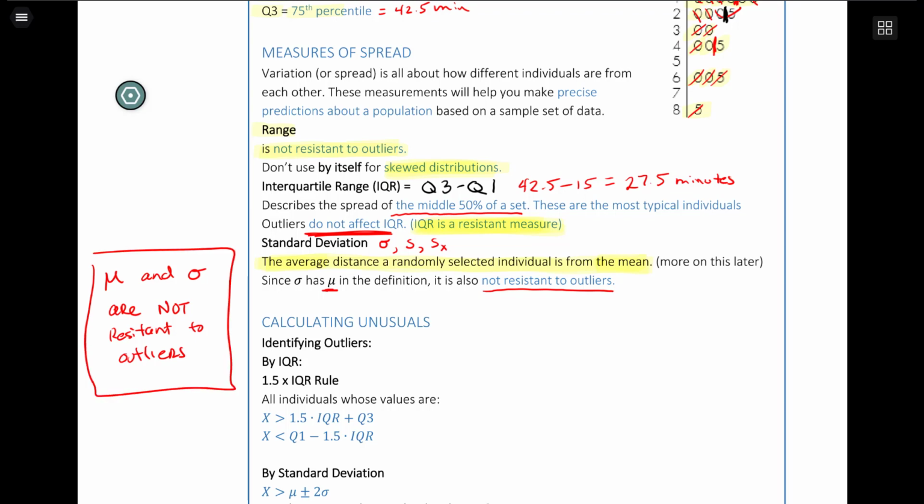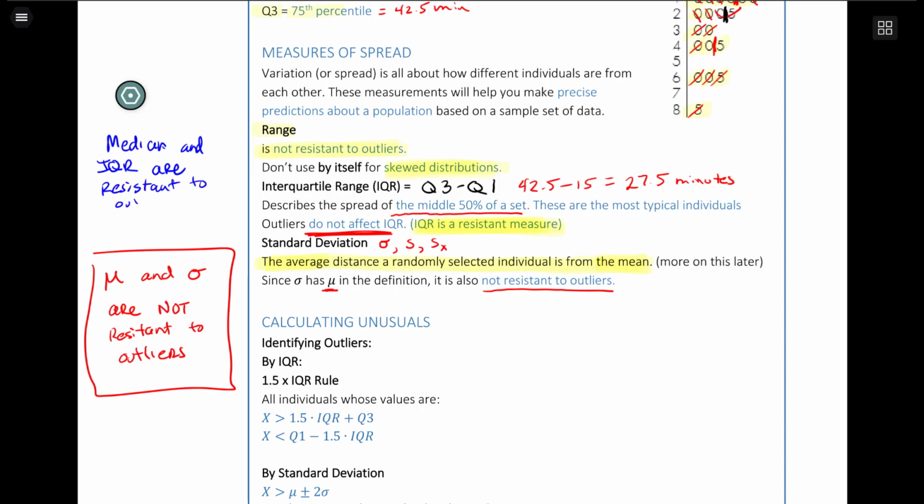Okay? Now, what about the other two that we looked at? Median and IQR. Well, neither of those were resistant to outliers. So, I'm sorry, they are resistant to outliers. So median and IQR are resistant to outliers.